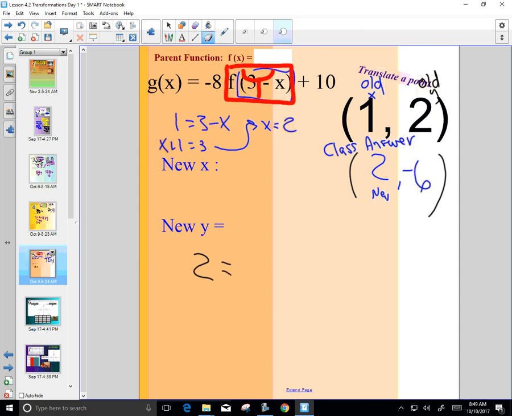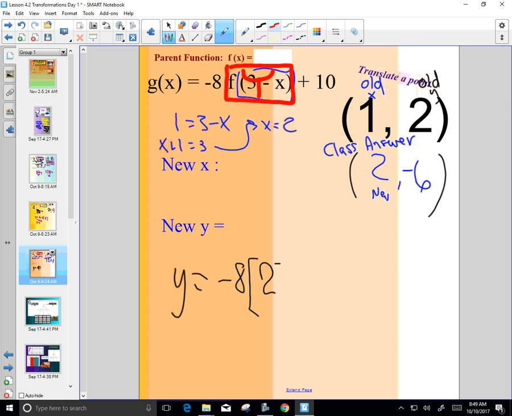And we're going to say the new y is going to be negative 8 times f of x, which is the same as y, which is 2. And then we're going to add 10. So what's negative 16 plus 10? Negative 6. So you got that one. Good. And that's translating a point.